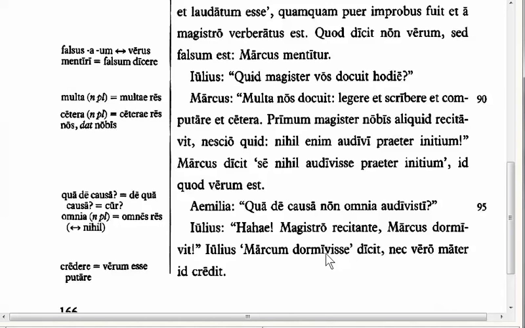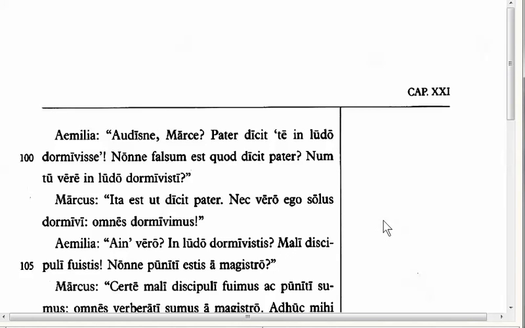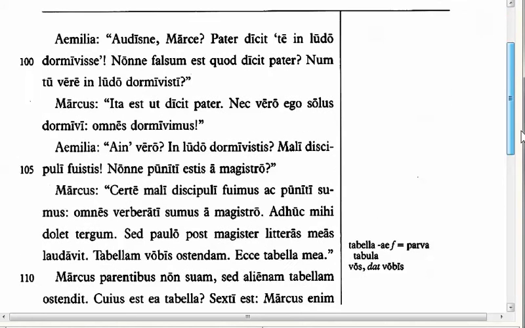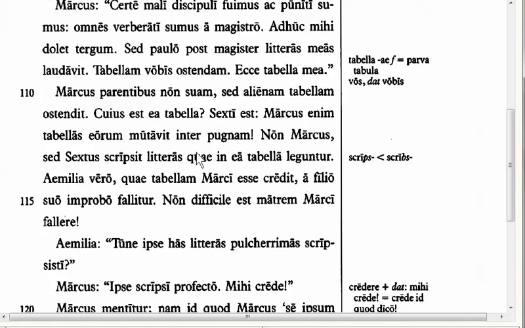Okay, the next feature I want to point out is in line 113. That is right here where we have non Marcus sed Sextus scripsit litteras quae in ea tabella leguntur. Not Marcus, but Sextus wrote the letters which are read on this tablet, or on the tablet.